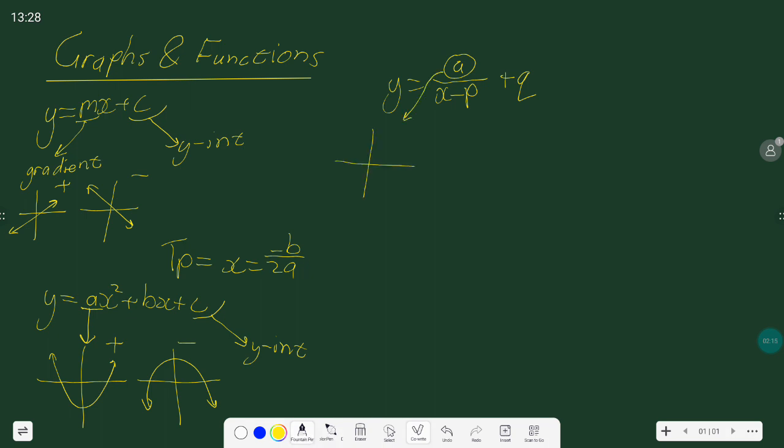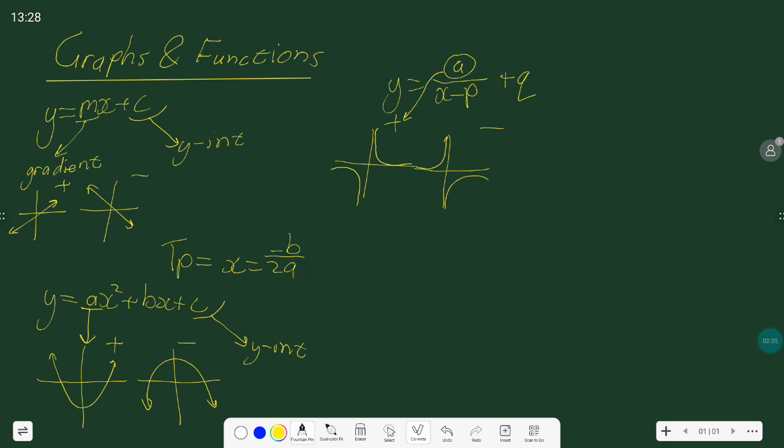It's responsible for if it's positive or negative. Now where will it be if it's positive? In my first and third quadrant. If it's negative, it's in my second and fourth quadrant.